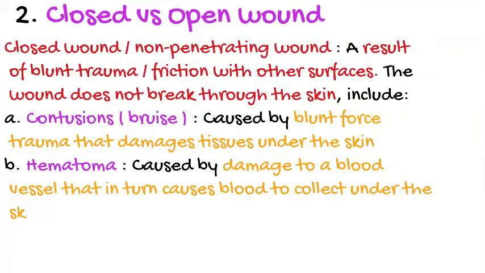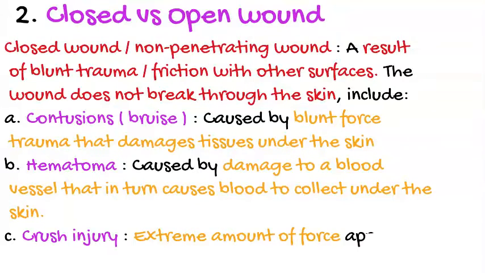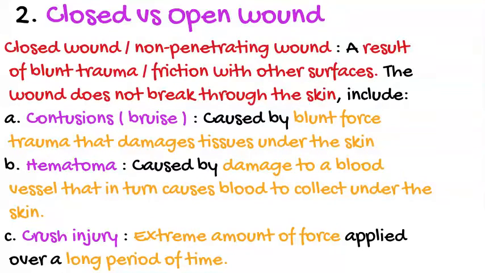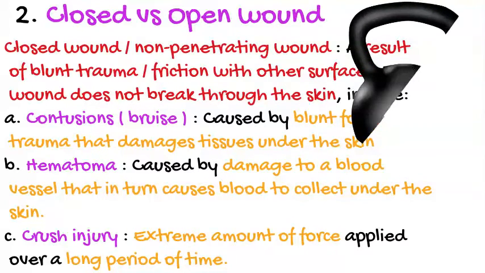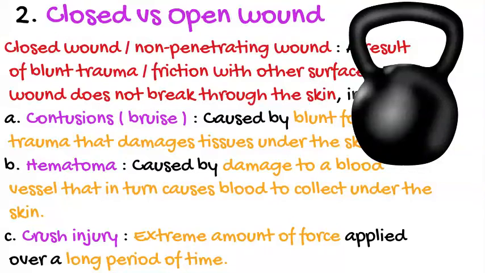This is caused by a blunt force trauma that damaged the tissue under the skin. B. Hematoma. It is caused by damage to blood vessels that in turn causes the blood to collect under the skin. C. A crush injury.